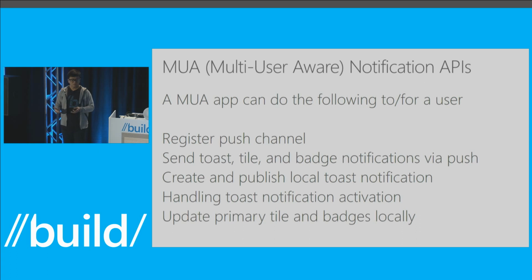They allow you to do notification things to a user or for a user on an Xbox device if you are a MUA app. Well, that includes very basic notification things like registration push channel, sending different types of notifications via push, creating or even handling activations for toast notifications, and of course, live tile and badge updates locally.